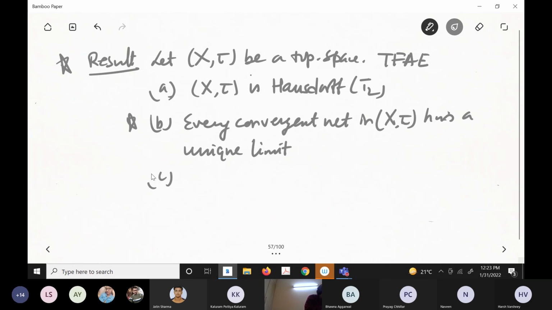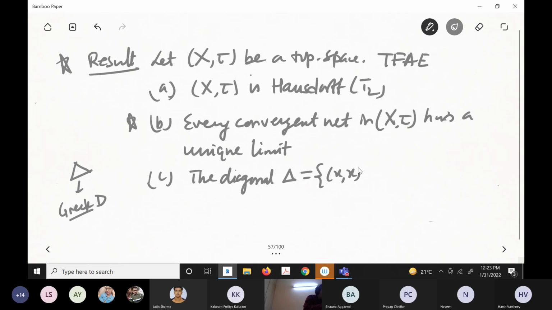See, the diagonal, actually we should take this delta. This is the Greek D, the big T in the Greek alphabet, so delta it should be, so you do not confuse it with the diagonal of X. But this is a subset of X cross X. C: this is closed in X cross X, it means with the product topology.